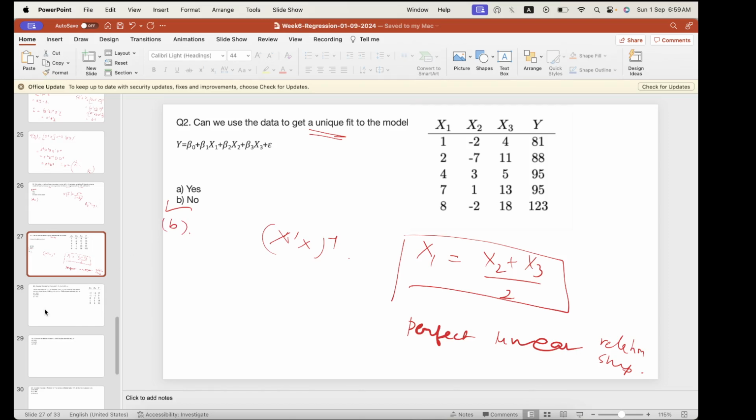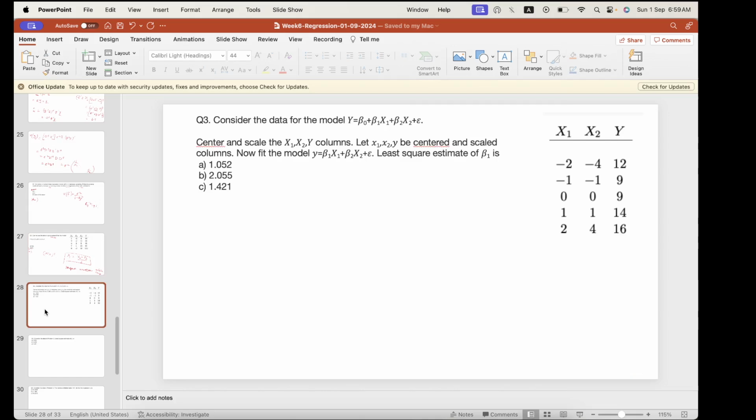Fine, moving on. They have asked us to consider this model, y equal to beta naught plus beta 1 X1 plus beta 2 X2 plus epsilon. Center and scale the X1, X2 and y columns. Let the centered and scaled columns be small x1, small x2, small y. Now we have to fit this model.